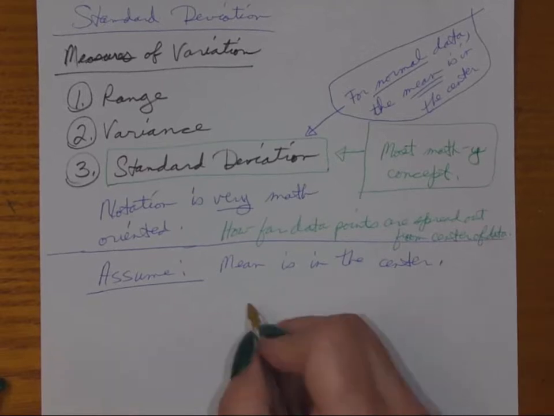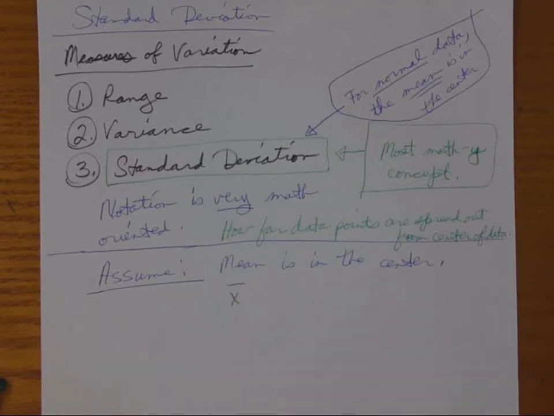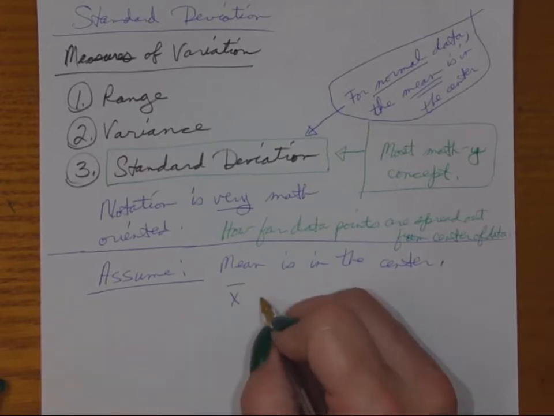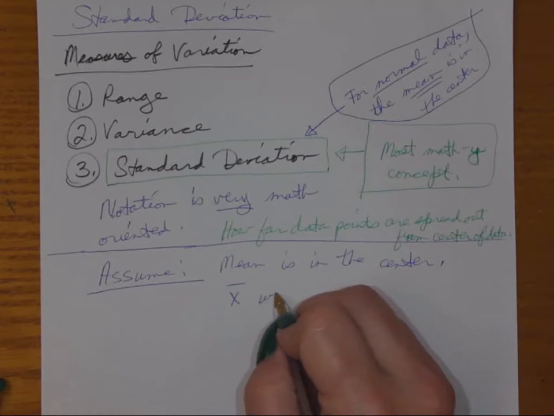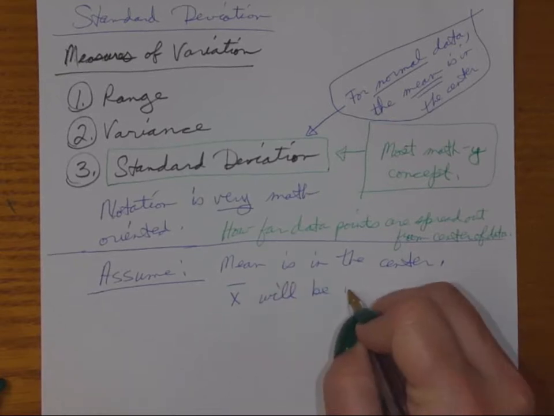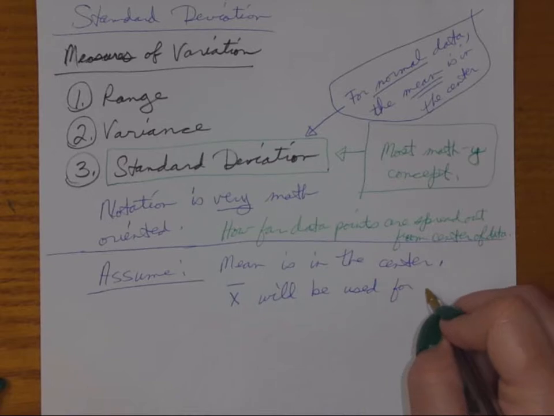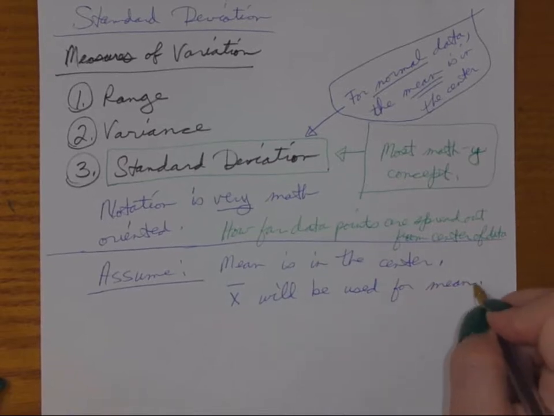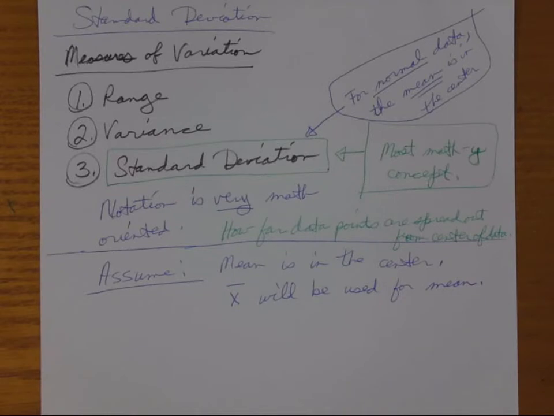And we're going to introduce a new notation. It's called X bar. The X with the bar on top of it will be used for the mean. Actually, the X bar is used for the mean whenever we're dealing with a sample, but remember, so far in our course, everything we've done has been dealing with samples.